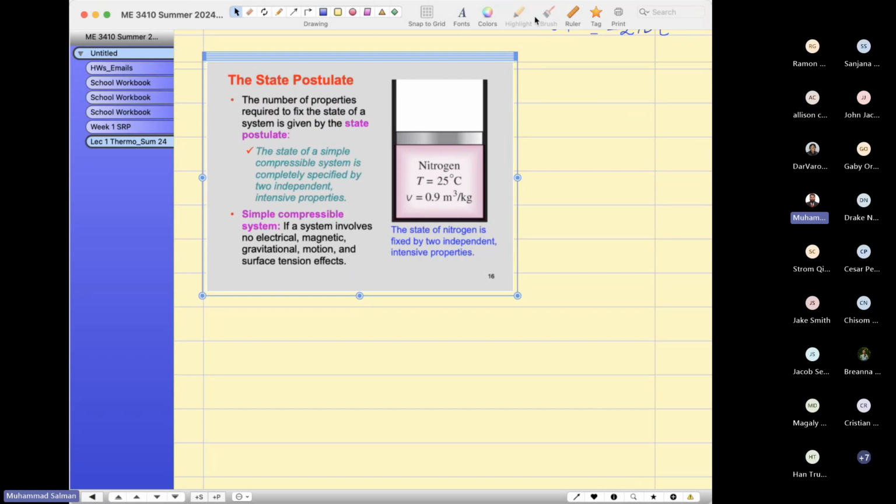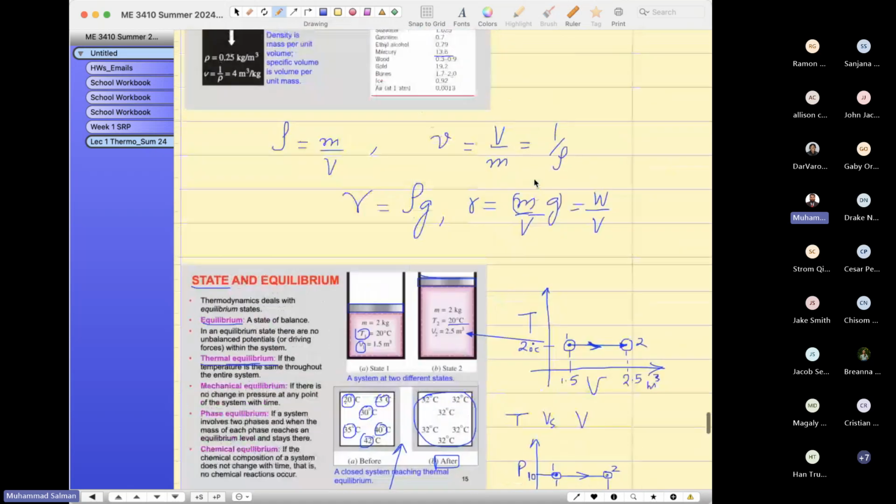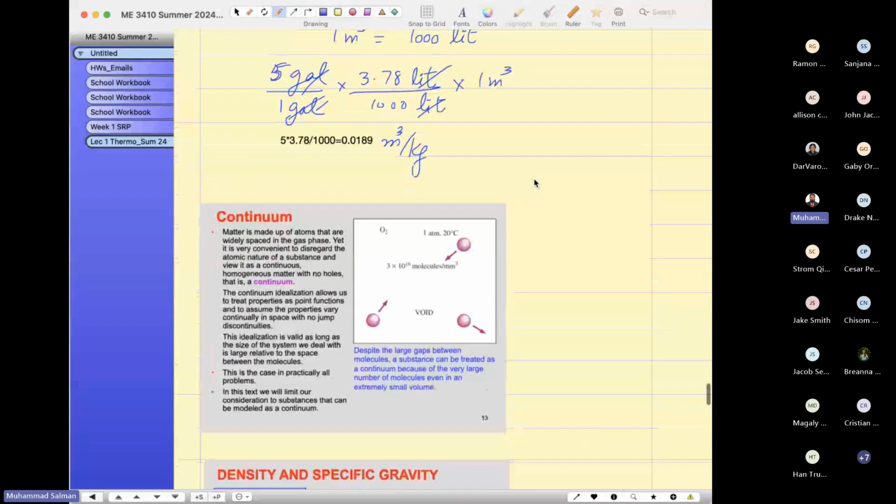the state postulate. The number of properties required to fix the state of a system is the state postulate. The state of a simple compressible system is completely specified by two independent intensive properties: temperature and specific volume. Volume is extensive; this is specific volume. When you specify an extensive property per unit mass, it becomes an intensive property.